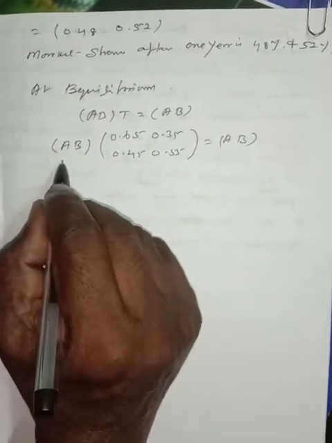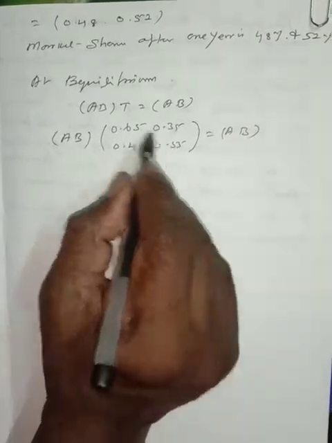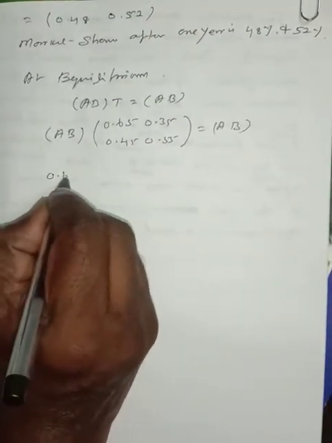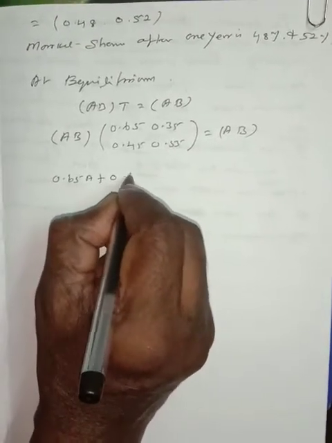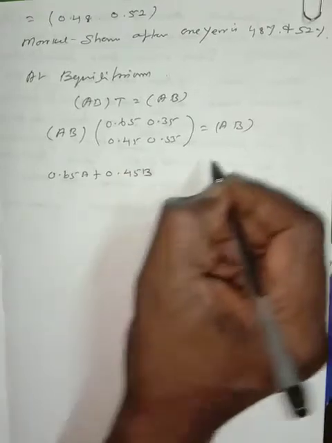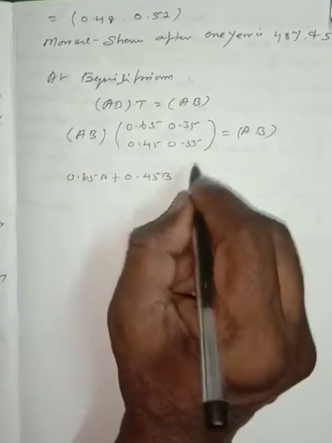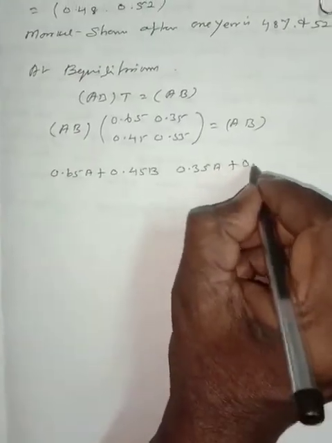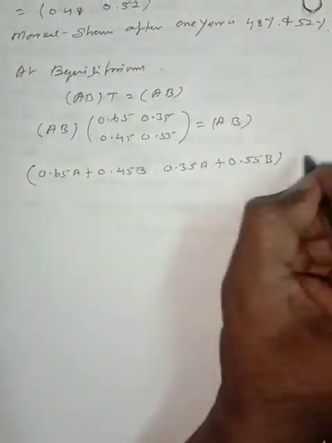So the product, 1 cross 2 into 2 cross 2, gives a 1 cross 2 matrix. So 0.65A plus 0.45B, 0.35A plus 0.55B is equal to AB.